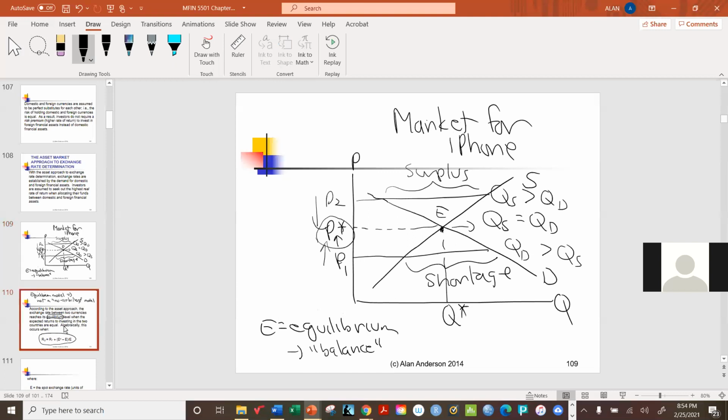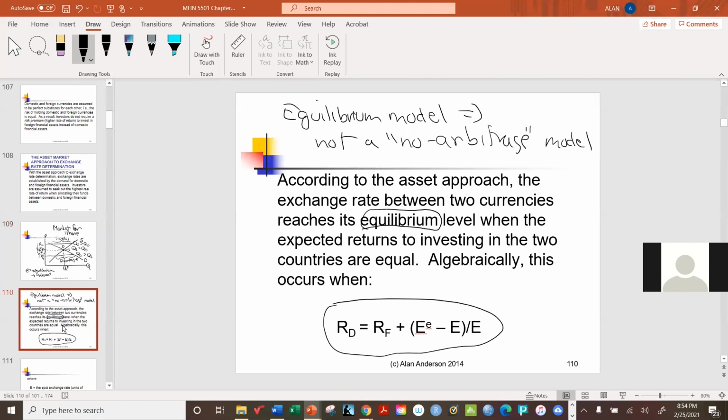All right, so that's what this is all about. It's an equilibrium model. And if this relationship doesn't hold at any point in time, it's understood that it will automatically gravitate back towards equilibrium. In other words, the exchange rate will change until we find ourselves back at equilibrium.